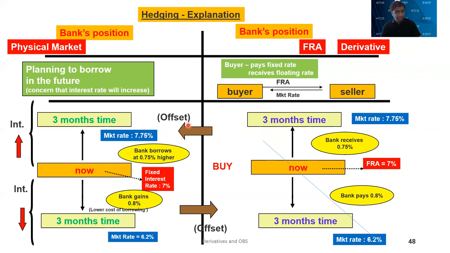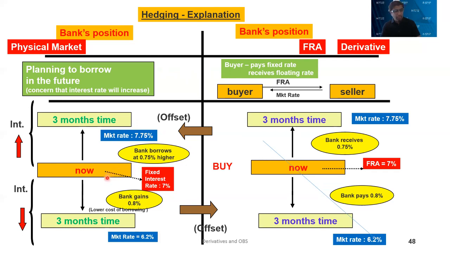And we already calculated it last time: it's 5 million and it is 180 days. You calculate according to 7.75 and 6.2, and then you settle here. The calculation is still the same.